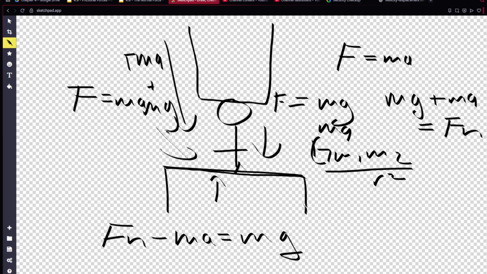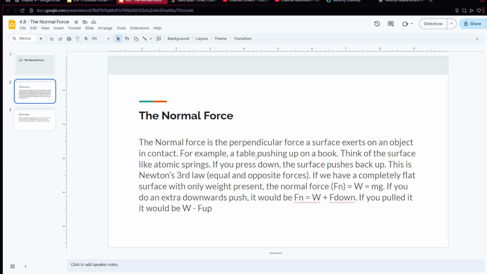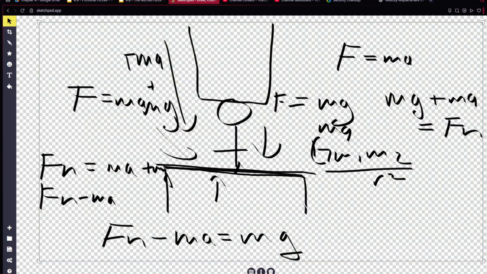So again, the normal force is just the total force you're exerting on this perpendicular surface, which is just the net force. Then to find the force of mass times gravity, you would just do Fn minus ma. Pretty simple stuff. If you pulled it, it would be W minus F up. Remember W is just weight, which is mass times gravity.